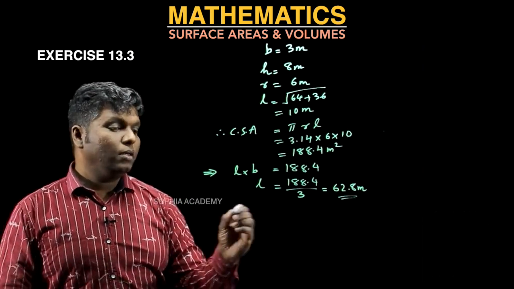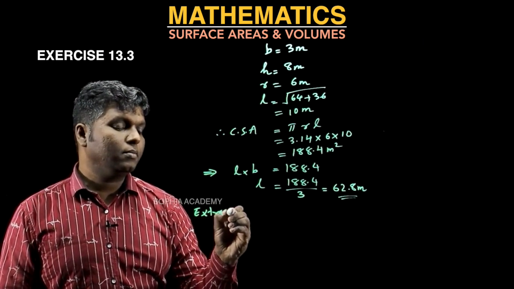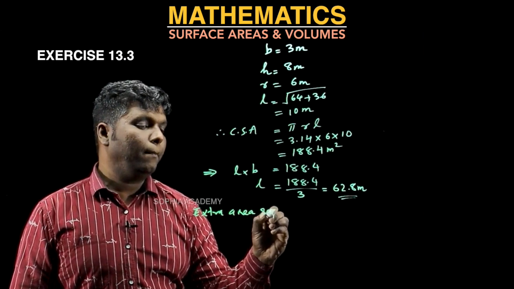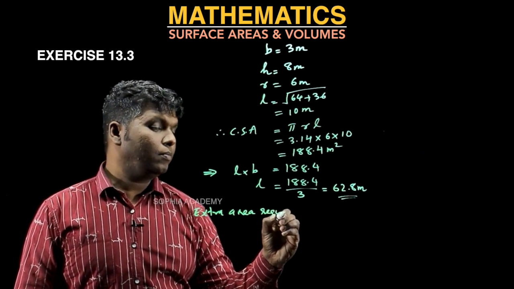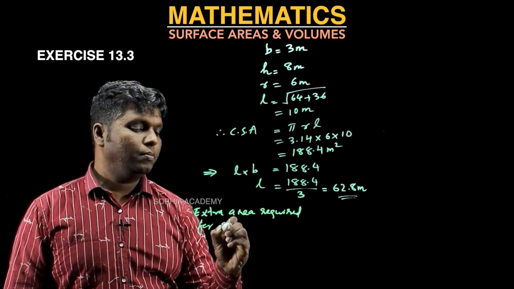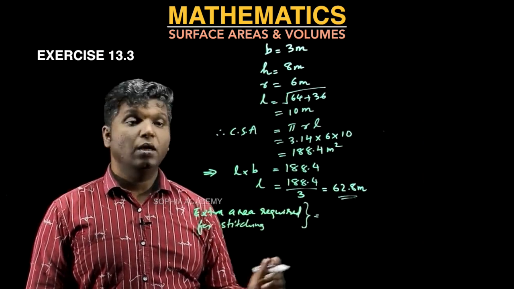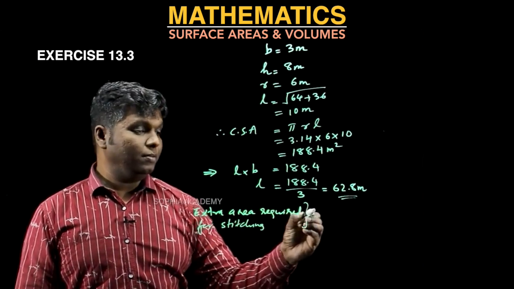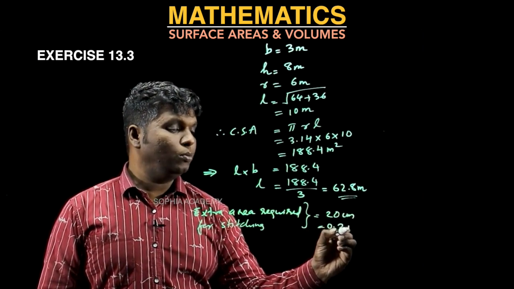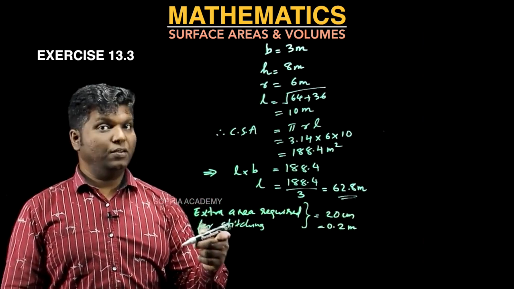We will write it like this: extra area required for stitching is equal to how much? It is 20 centimeter. 20 centimeter means 0.2 meter, because we have to consider it in meter. So this is the extra material which is required.